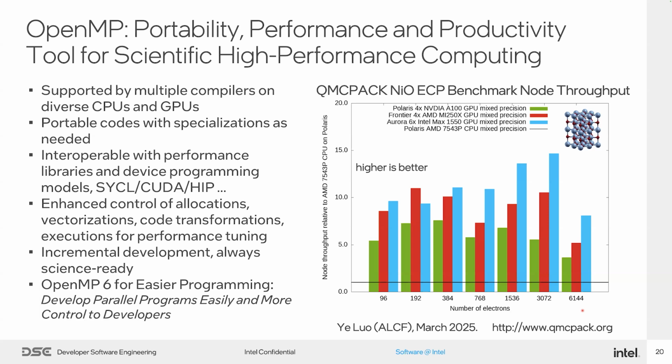Through years of effort, we made the code run very well across all the machines, at least in the DOE land. On the right side, you see the slides I provided. The blue is the NVIDIA A100 GPUs on Polaris at ALCF, the red is Frontier, and the blue is Aurora.